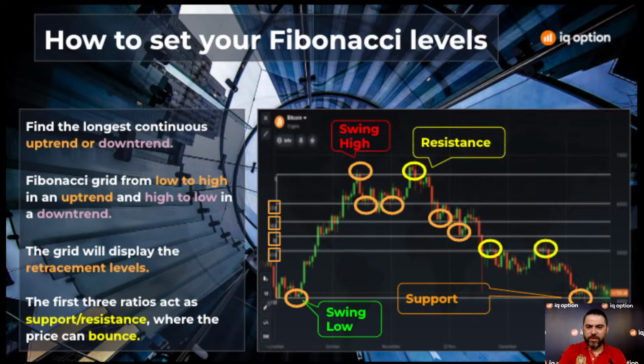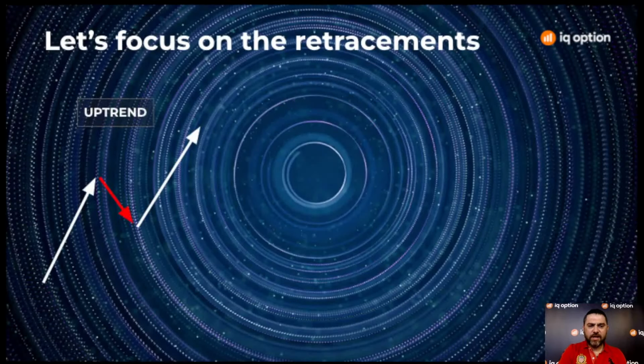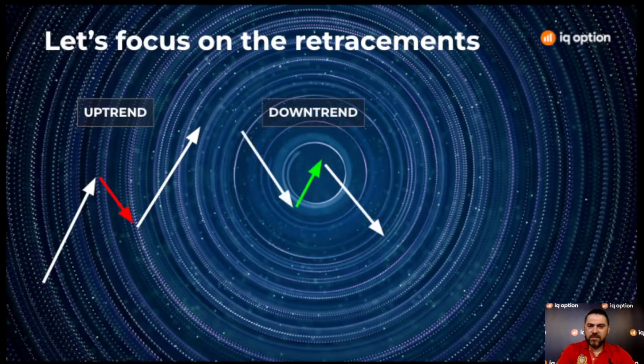There's another moment where the market was resistant. It did not fight over this level here. And now let's take a look at this point here. Let's focus on the retracement. This is the important thing to look out for when trading with Fibonaccis. We need to identify when there is an uptrend and the retracement of it. Then this is what it looks like when there is a downtrend.